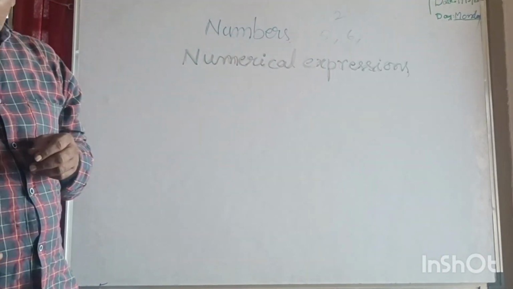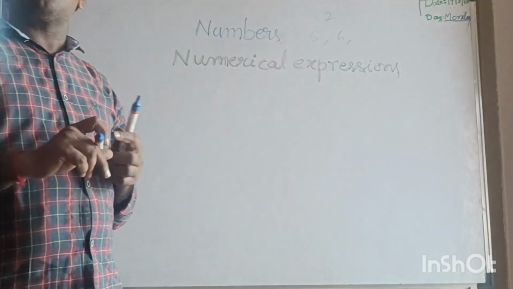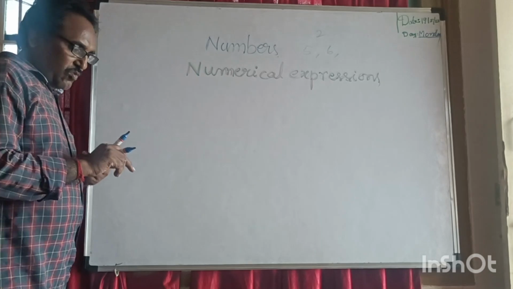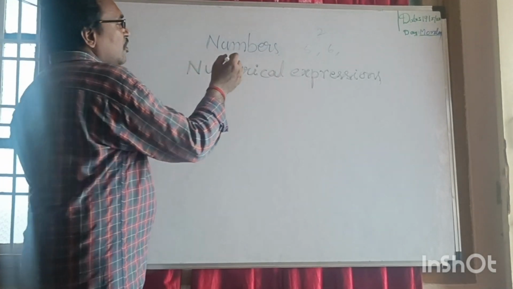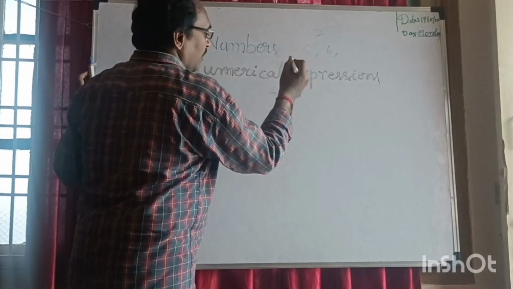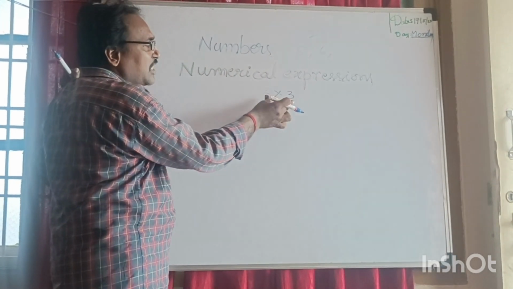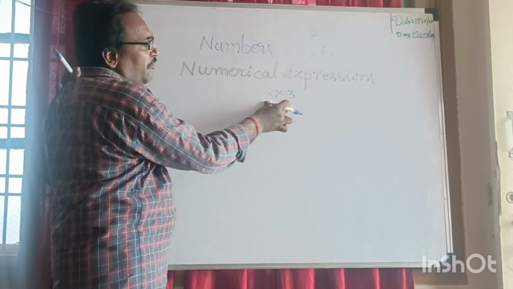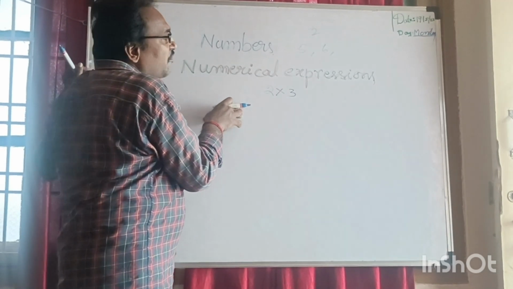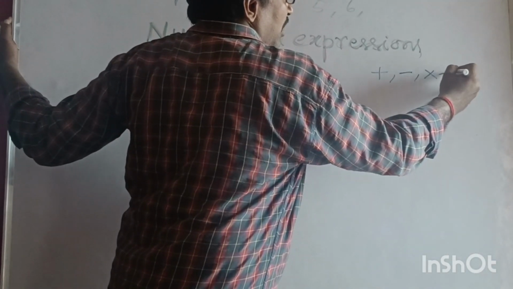All these integers or rational numbers, whatever we are using, all those are numbers. Numbers are constants generally. Numerical expressions means, suppose 2 into 3, this is some value. With the numbers we are expressing some value using fundamental operations. What are the fundamental operations? Plus, minus, into, divided by.